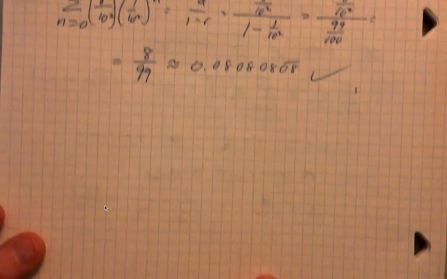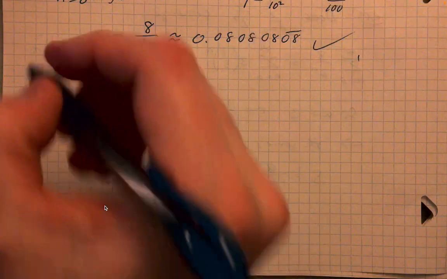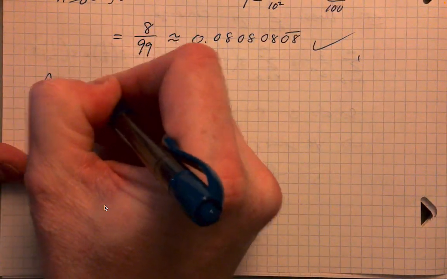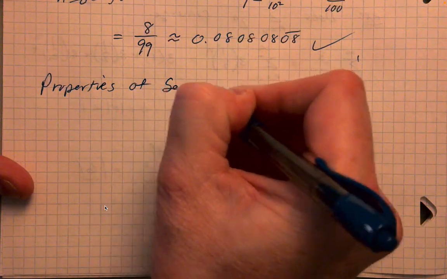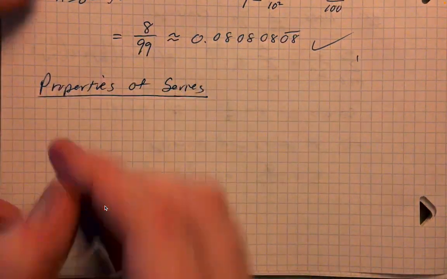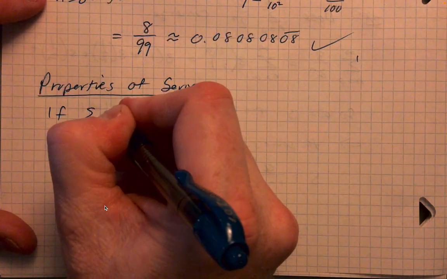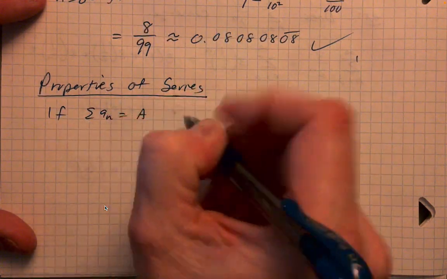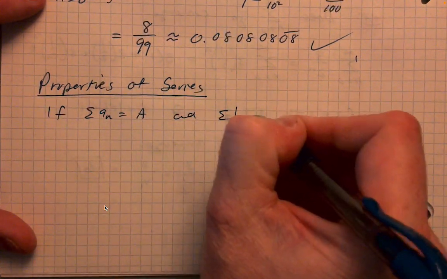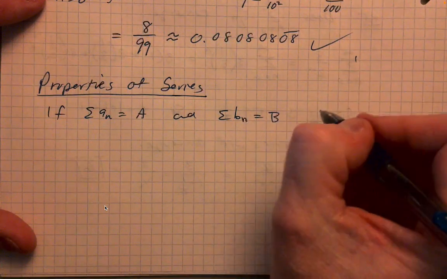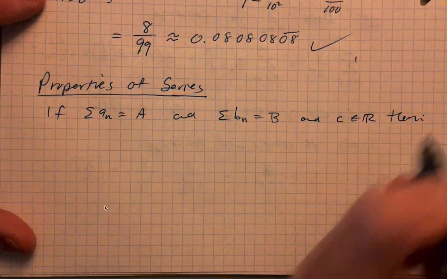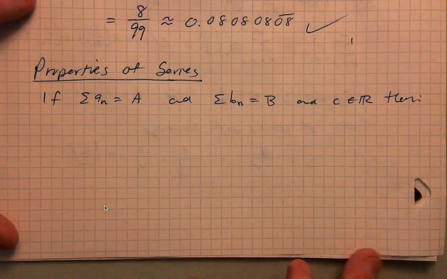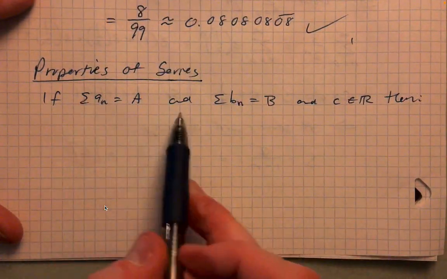Let's talk about some properties of series. So series in general. So we'll say if the sum of a of n is equal to A, and the sum of b of n is equal to B, and c is a real number, then we've got the following, right? You've got two series, a of n and b of n.